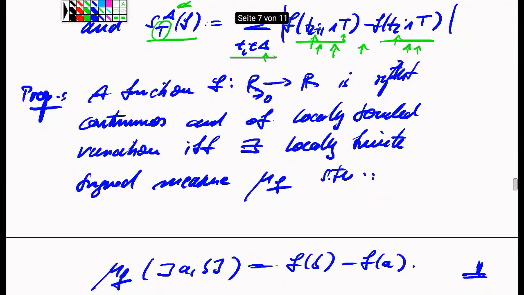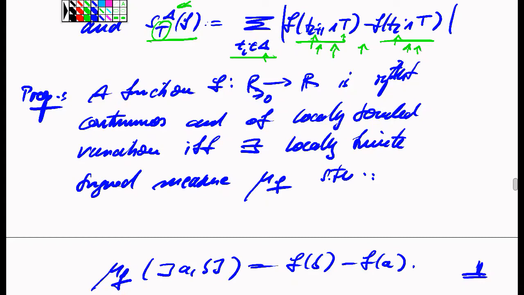And the actual main theorem in this Lebesgue-Stieltjes approach is now the following, namely we can have a one-to-one correspondence between right continuous functions which are of bounded variation and the collection of all signed Lebesgue-Stieltjes measures.